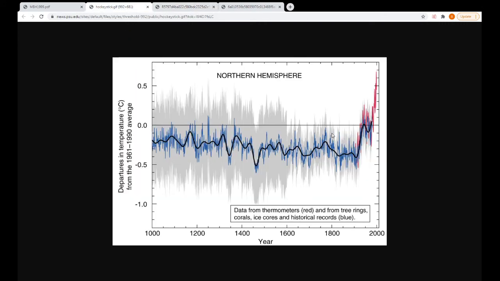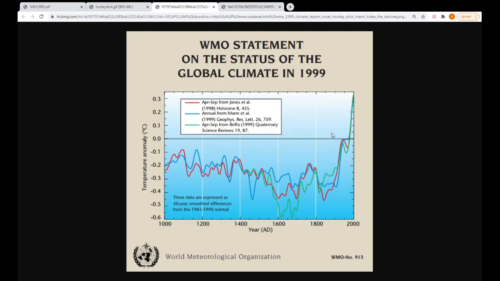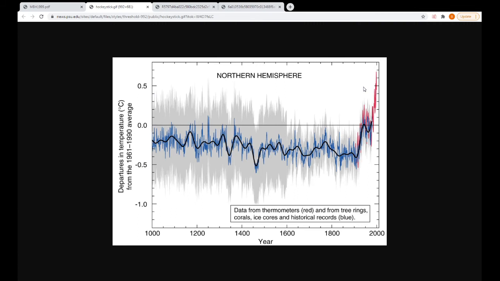So these blue lines represent the same thing. The only difference, other than how noisy this data might be, is that at the end of this blue line, the data shoots up like we see in the instrumental record, like we see in this red line.